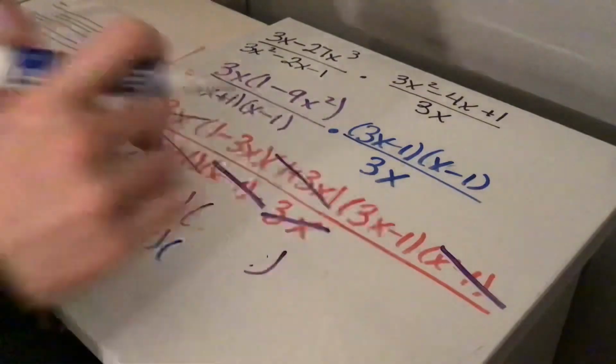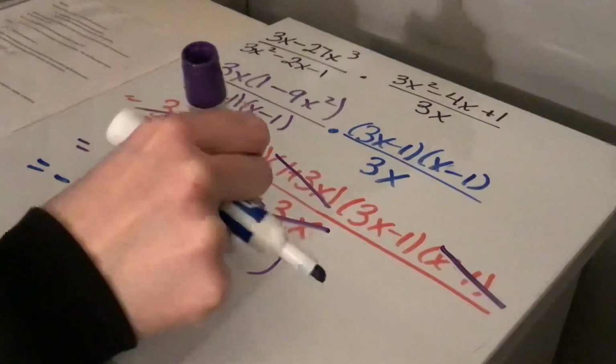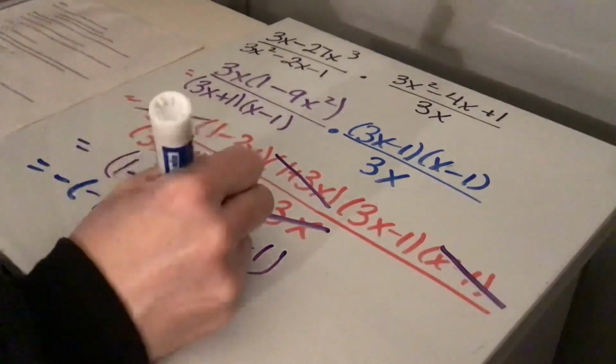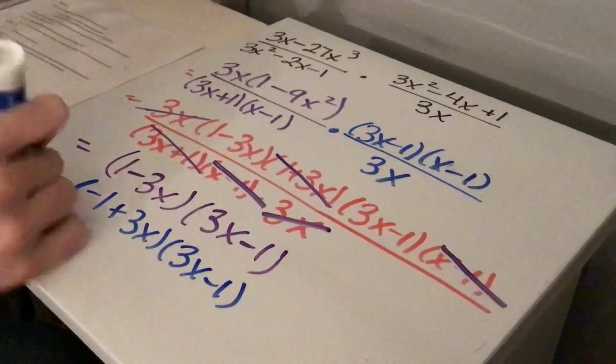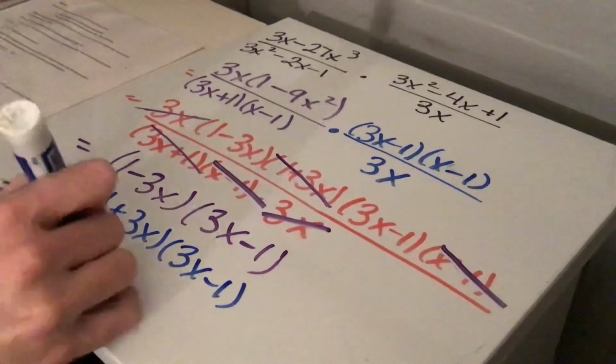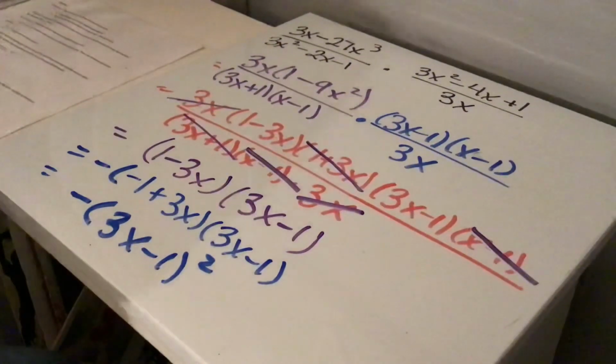I copied it wrong. It should be 3x minus 1. And then 3x minus 1 here. These are now the same terms, so we can say that's negative 3x minus 1 squared. So they differed by just a negative. So factoring that out made them the same terms.